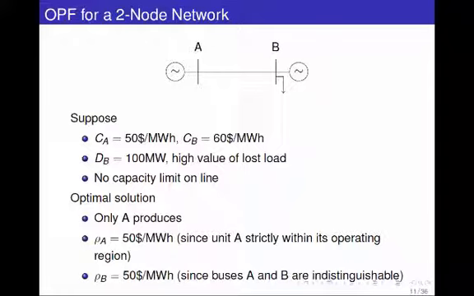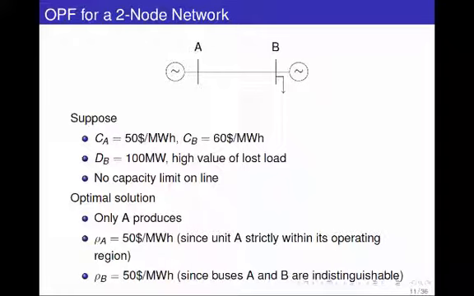this is little p, and this is big P. You can immediately see that generator A is producing strictly within its operating region, since its upper production limit is infinity. And if you remember from the KKT conditions we analyzed earlier, that automatically means that the rho for location A is the marginal cost of generator A. So you know what the marginal cost of generator A is, you know what the rho for that location is.